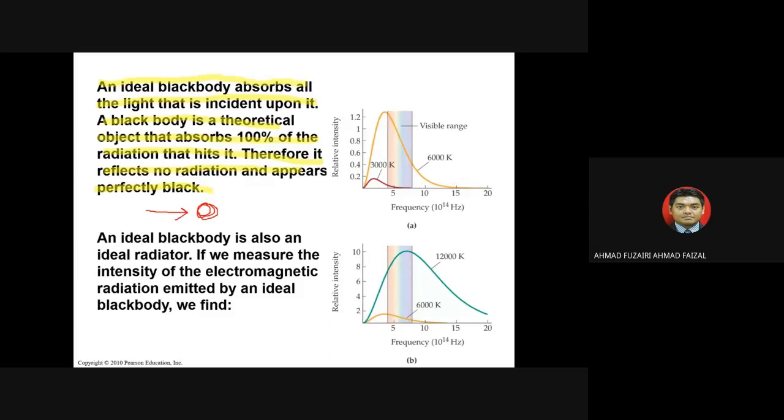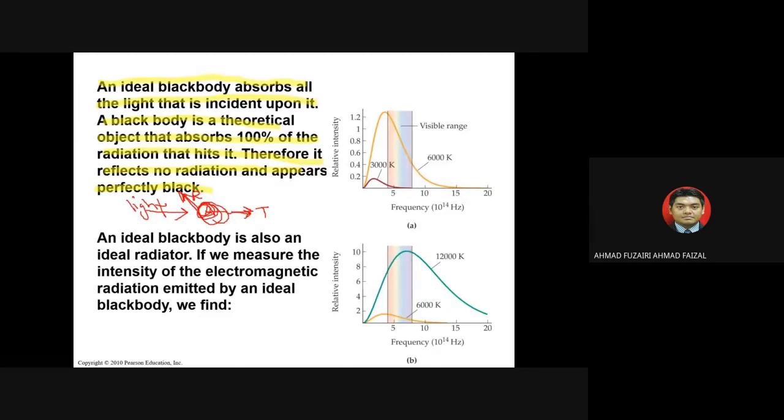So the light could be absorbed by the ball, or part of the light could be reflected by the ball, and some portion of the light could be passed through or transmitted through the ball. So there are three things that could happen when light interacts with matter. It can be absorbed, it can be reflected, or it can be transmitted.